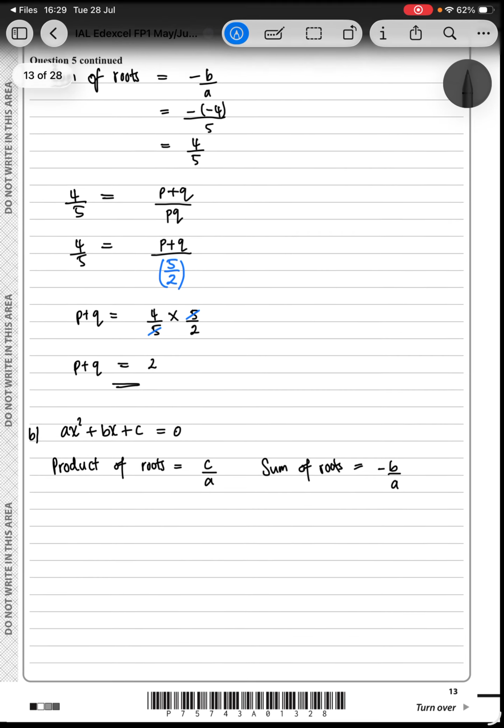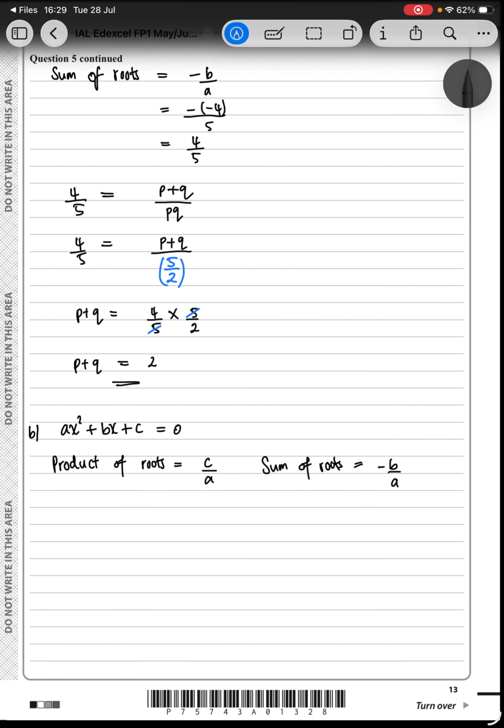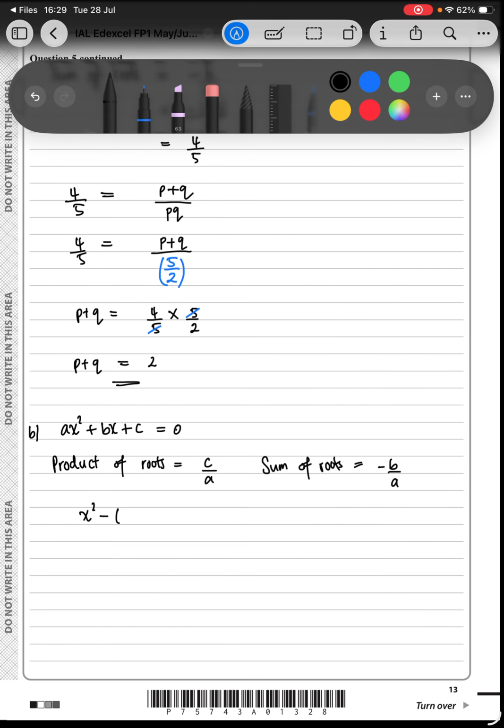So we can also write the quadratic equation as x squared minus the sum of the roots, into x, plus the product of the roots.